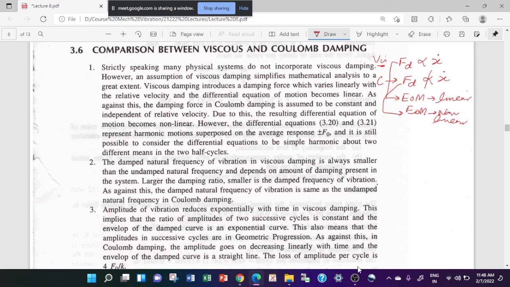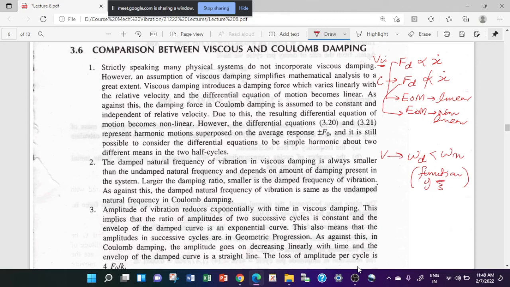In the second comparison, in the viscous damping, the frequency of damped vibration is less than omega n, and it is a function of damping factor zeta. The larger the damping factor, the lesser will be the damped frequency.